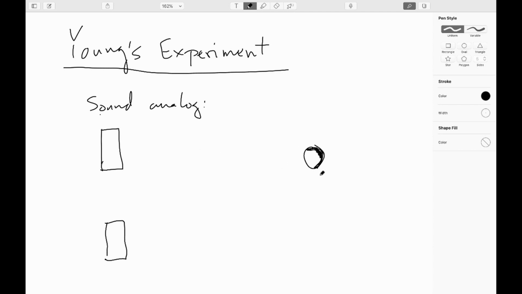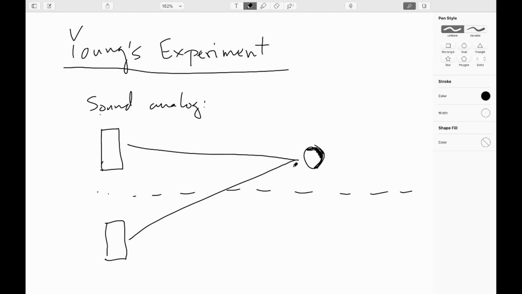And since you're sitting a little bit off axis, you notice that the sound you hear seems kind of muddy. In fact, you're having a hard time hearing anything at all, and you're wondering why that is. Well, you get to thinking about it a bit, and you realize, wait a minute, the difference in distance between these two sources here, L1, L2, might have something to do with it.